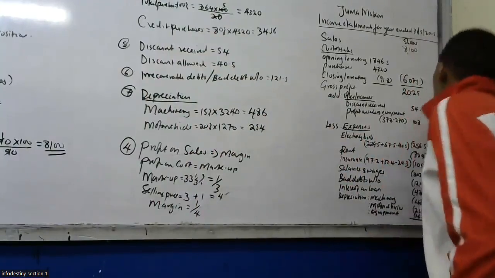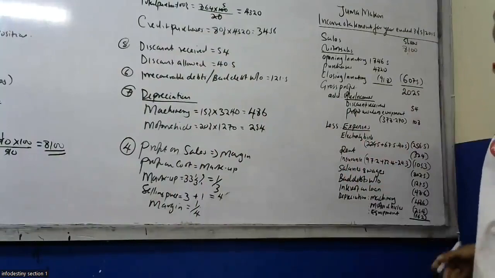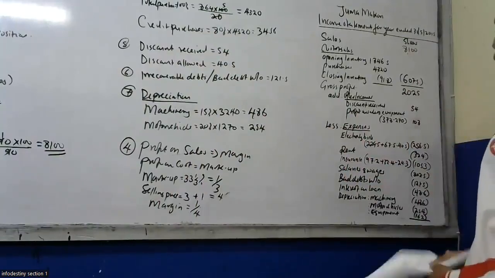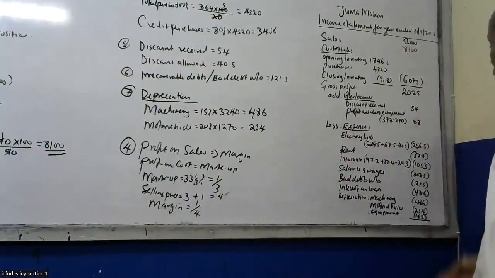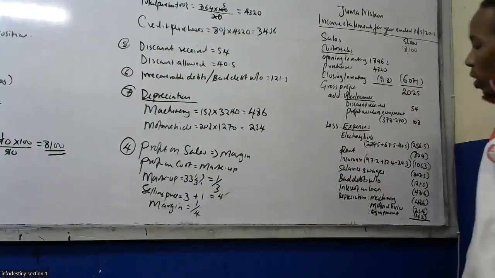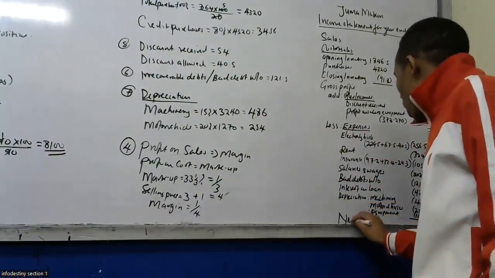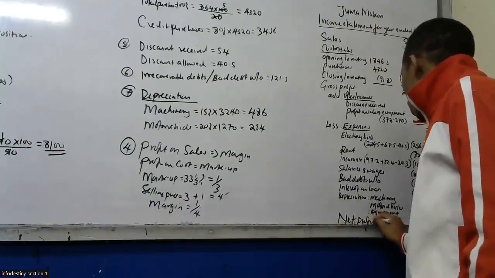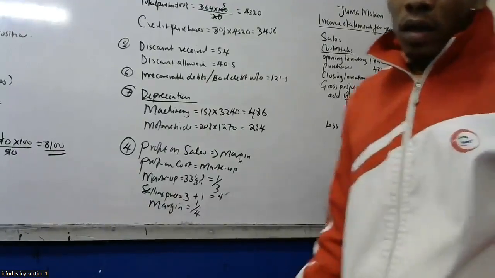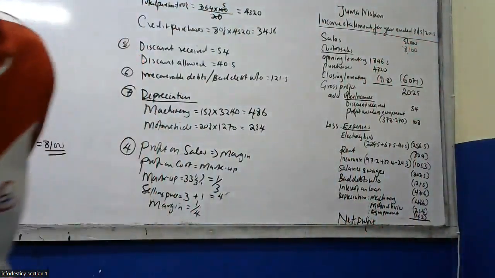So from the gross profit, we add the other incomes, then we deduct these expenses, which will give us the net profit for the year that Juma Makori had made.